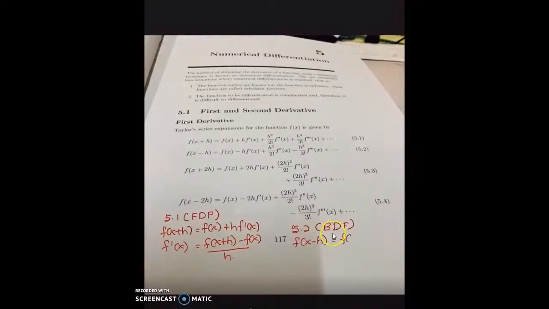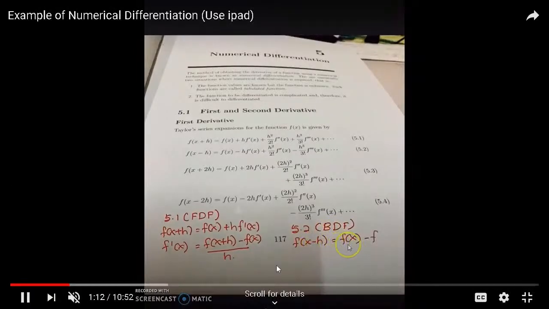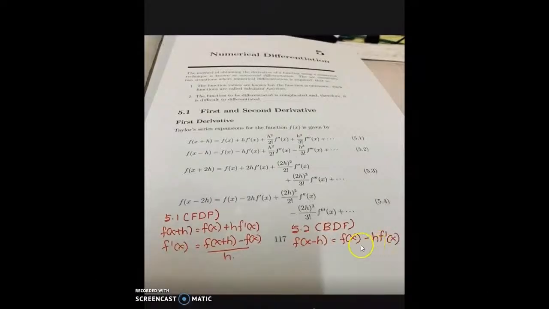The first is the forward difference formula: f prime equals f(x+h) minus f(x), divided by h. And this one you can use as the backward difference formula: f prime equals f(x) minus f(x-h), divided by h, plus O(h^2).